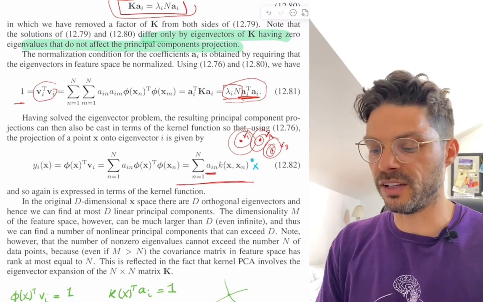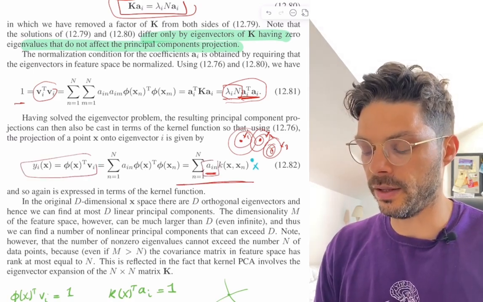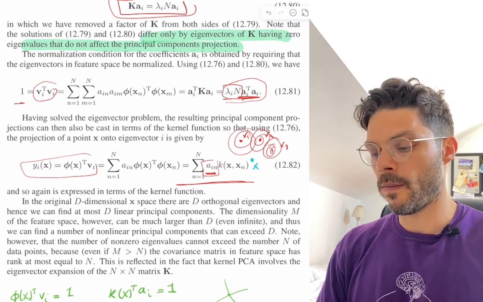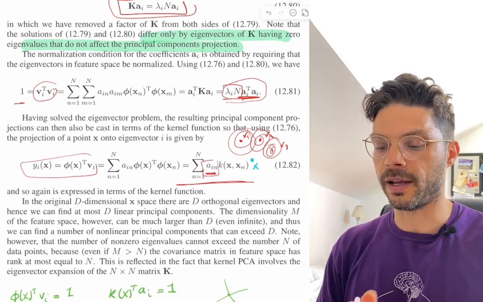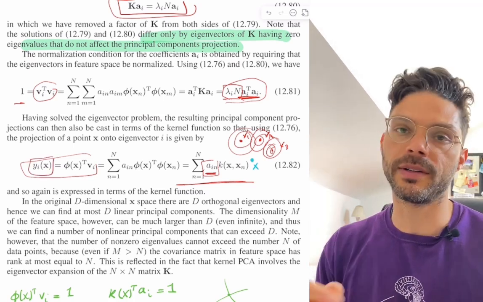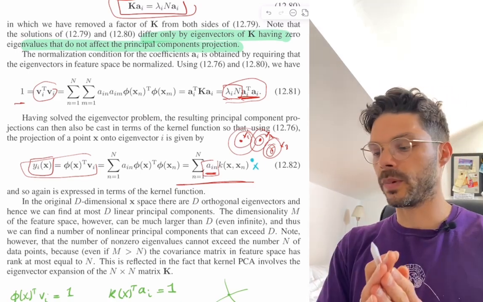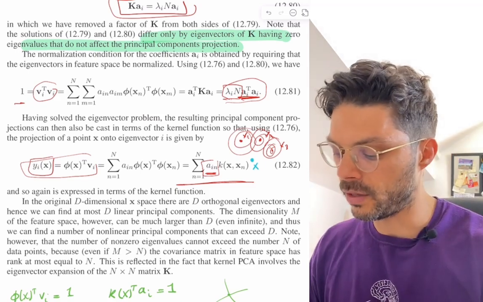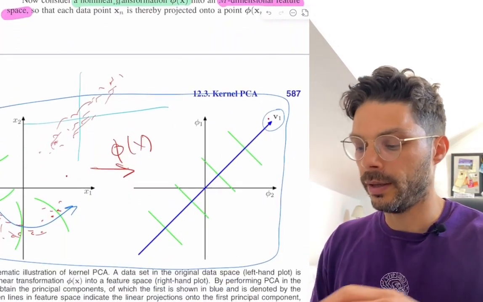You can express these projections in terms of the kernel and these values that you already found. And so you can then solve this equation, and we'll see a picture of that in a second, to see what is the set of points in your feature space for each one of these eigenvalues that has a certain projection. So, for example, if we go back to this figure, that's exactly what they've done.